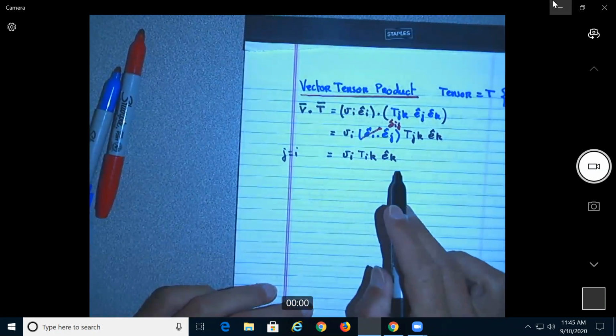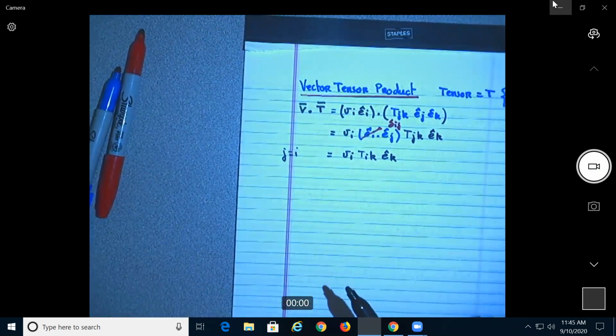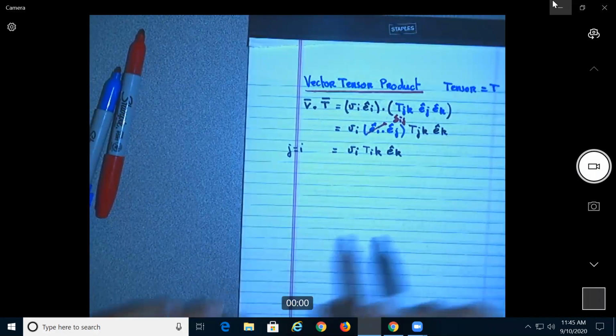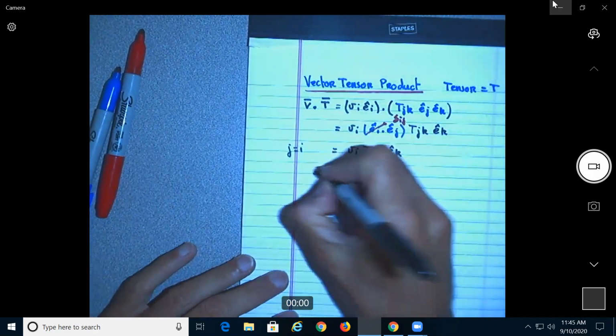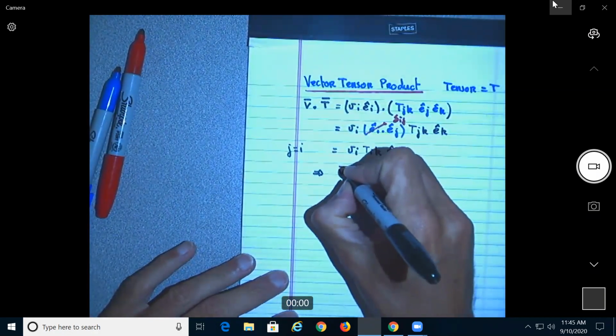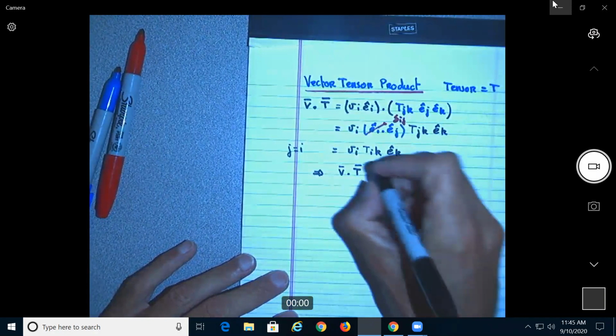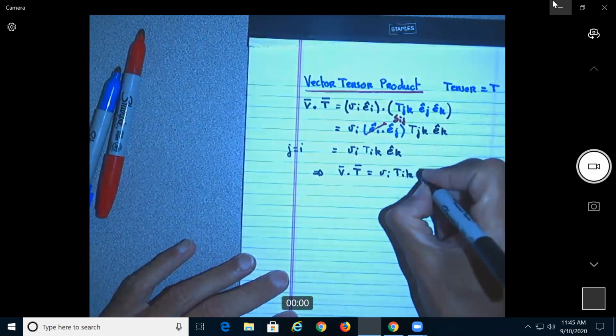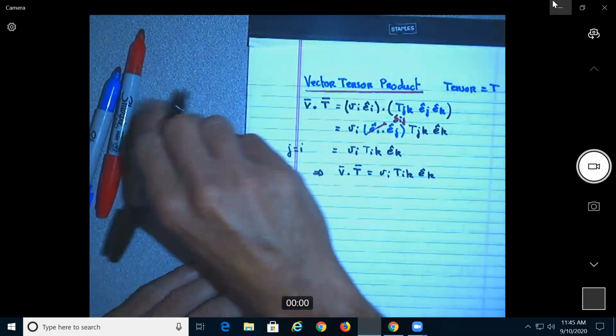Okay? Right? Very straightforward, but be careful with indexes. Okay, next one. So let me summarize here. This will be equal to V dot second order tensor will be equal to V sub I, T, I, K, E of K.